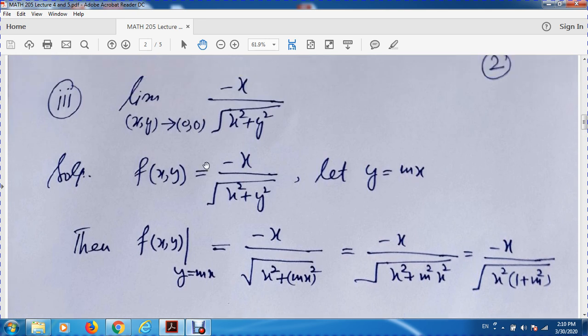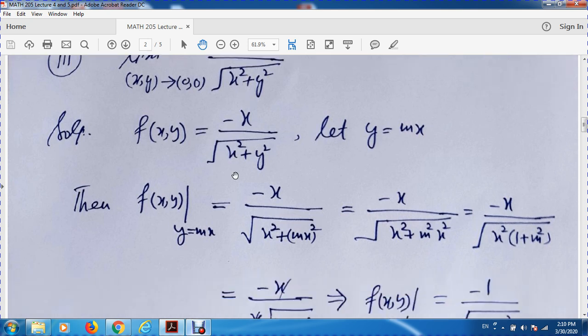So I will first solve this third part. The question: limit as (x, y) goes to (0, 0) of minus x over the square root of x squared plus y squared. I always say start with the first path, y equals mx, and then you can move to the other paths. So I substitute mx instead of y.